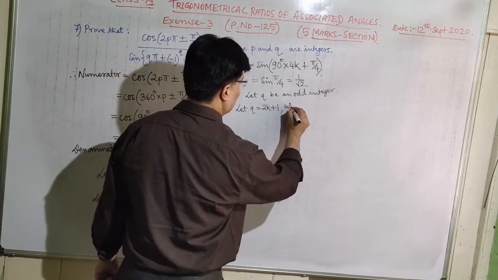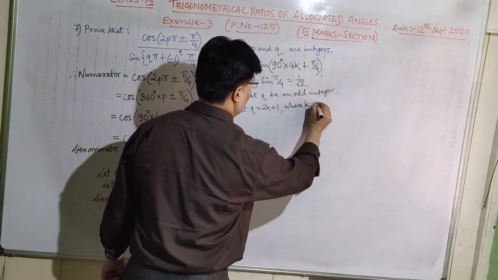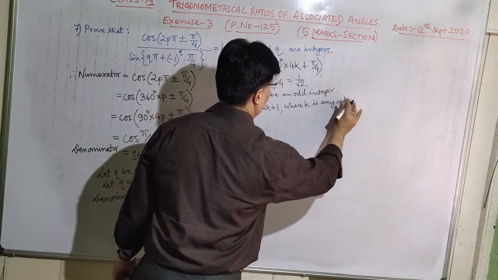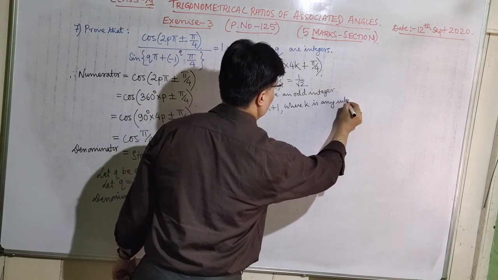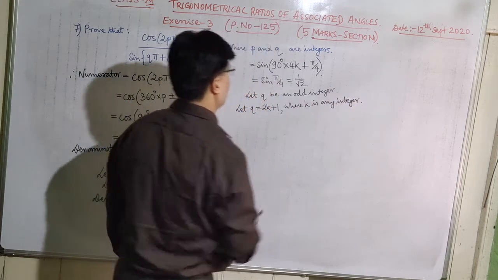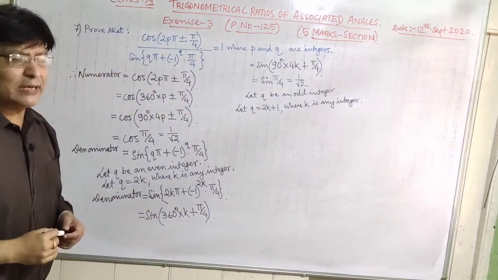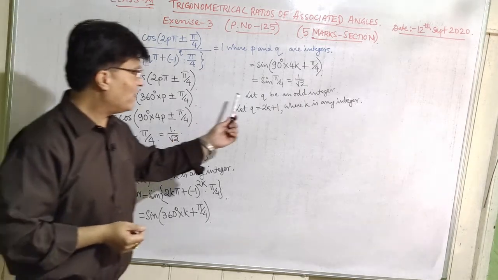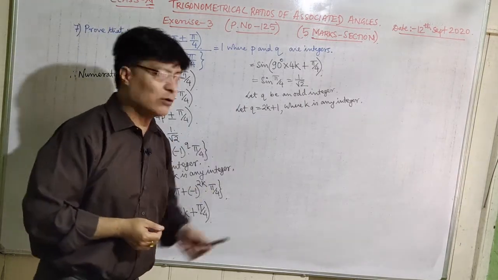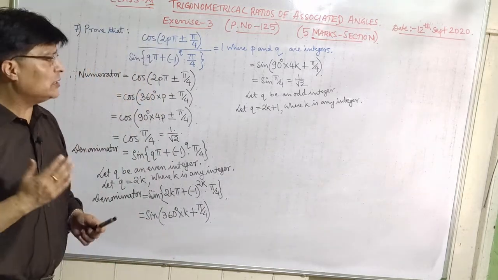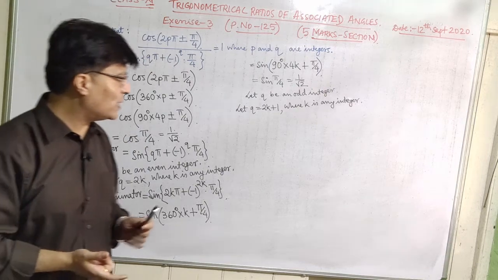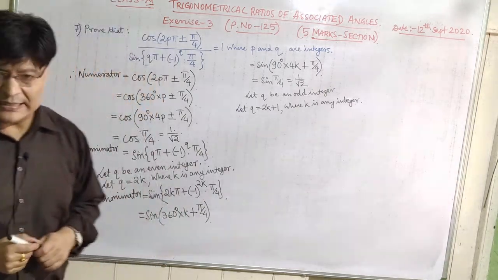So the odd integer can be assumed as 2k plus 1, where k is any integer.